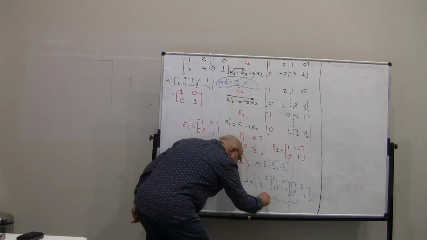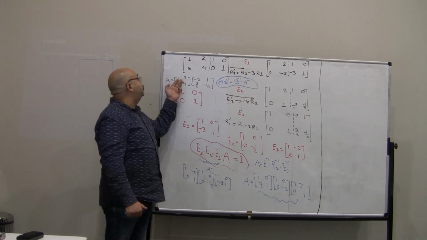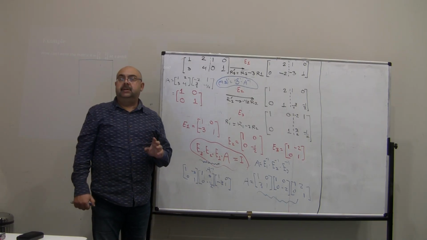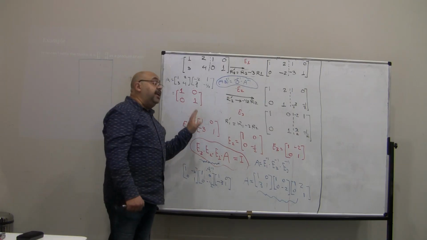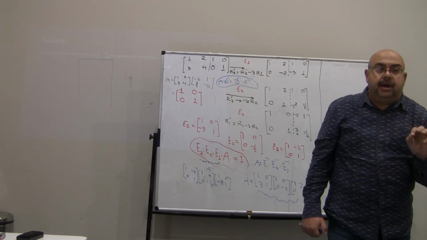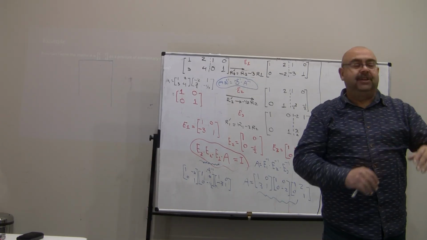If you multiply these three matrices by each other, you will get your A matrix. This is how to do it. And this is really major. It's really very important. He targeted this issue in plenty of midterms previously. It's a complete question about this.